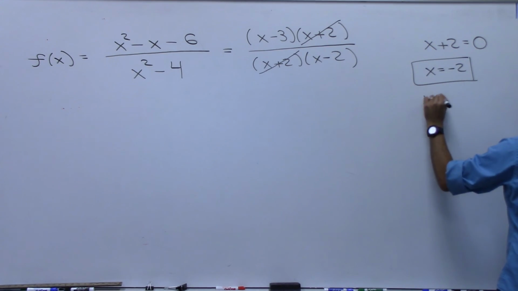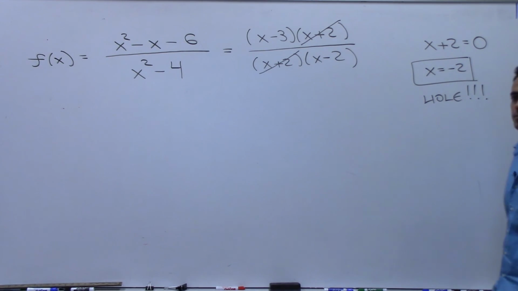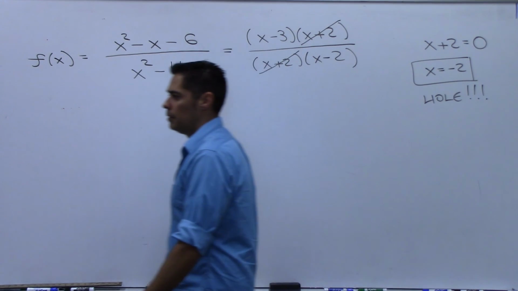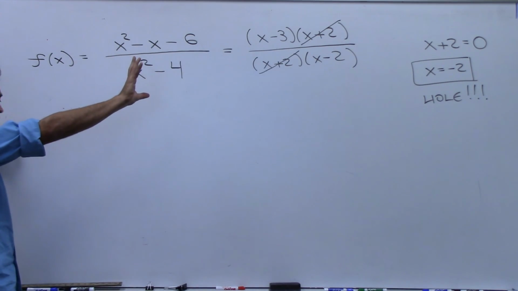And remember, I will have a hole in my graph here. Let me illustrate what I mean by this. We haven't talked about a hole, but let me illustrate. Let's just put this on the back burner for just a second.